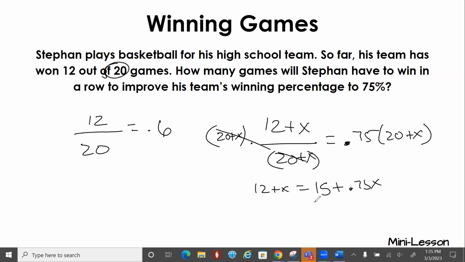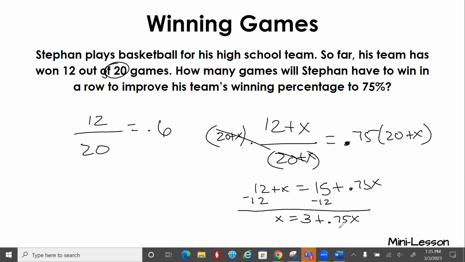Now, how do we go about solving this one? Why would you multiply it by 20 plus x? Because 20 plus x is down here, we're trying to get this out of the denominator. So this is going to give me x equals 3 plus 0.75x.